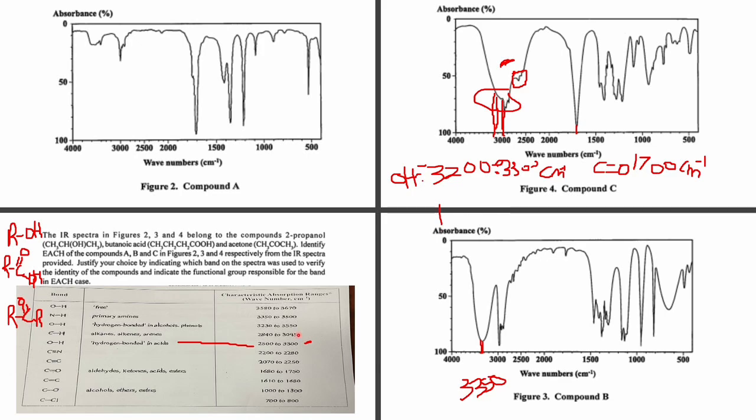And you see on your data sheet that 3350 actually falls in the range of your OH hydrogen bond in your alcohols, right on the money. So we will then use this in justification, that this OH group here lets us know that the spectrum is for your alcohol.